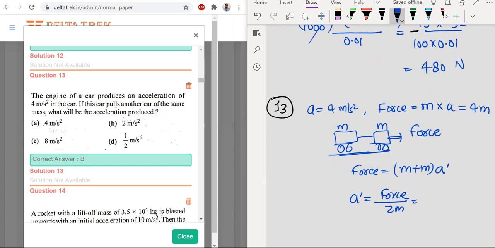But earlier we saw that the force was 4m, divided by 2m. So the answer is 2. Basically initially it was accelerating with 4. Now the mass has doubled. Clear? It is pulling a car of the same mass, so the mass has doubled, that means the acceleration must be less.